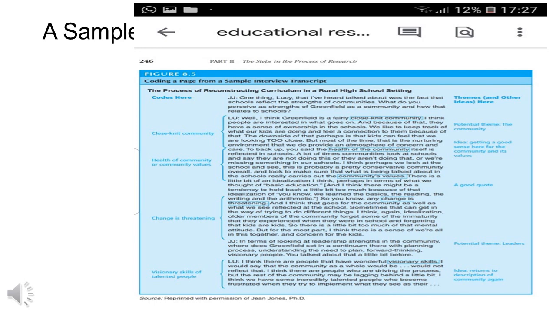So on the right he develops a list of themes. On the left he puts the codes. The codes are taken from the text. These are close-knit community, health of community or community values, change is threatening, visionary skills of talented people.